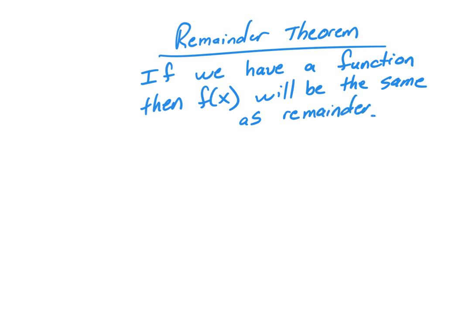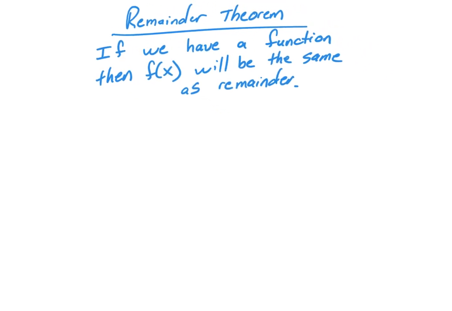If we were to evaluate a function, some function, and we evaluate it at a certain value, then the remainder is the same as what we evaluated at, okay? And I know that kind of sounds like, what are we talking about? And I'll show you an example, okay? Because we've done this a little bit already, but we've done it one way, and I'm going to show you another way of evaluating and how we can use synthetic division to do that, okay?